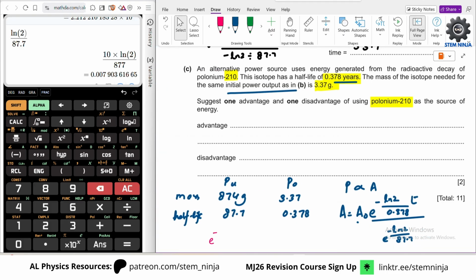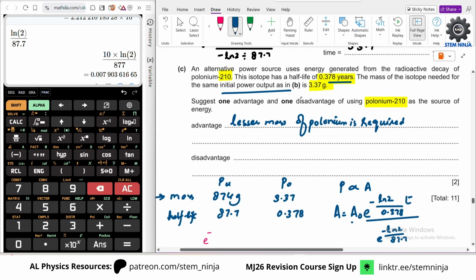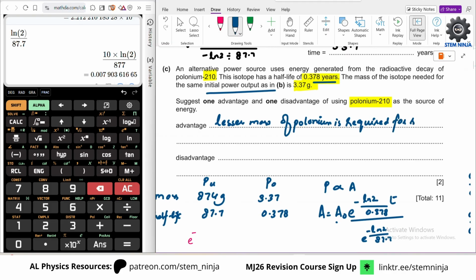Okay, advantage: lesser mass of polonium is required for the same initial power output.